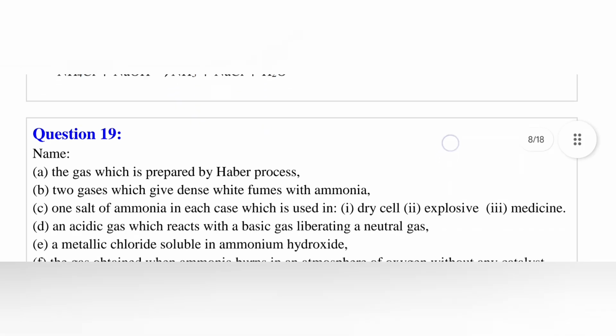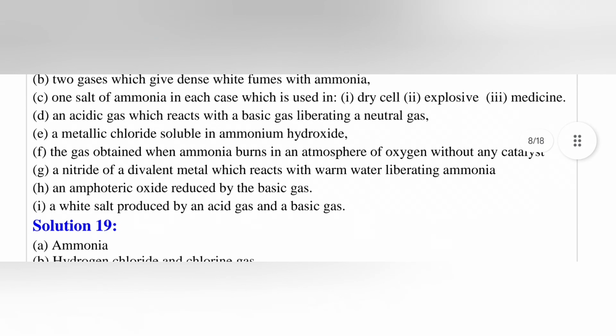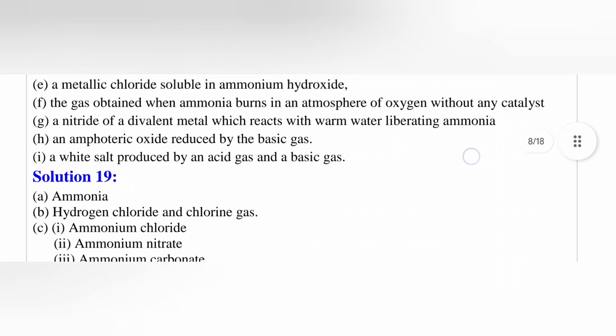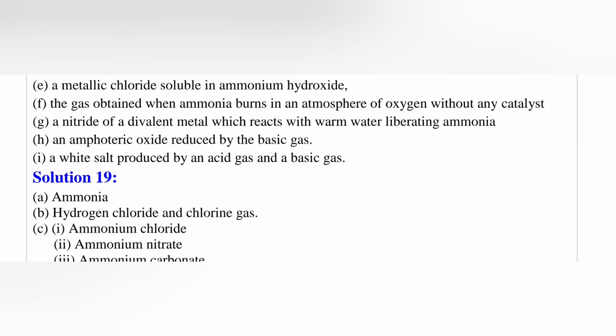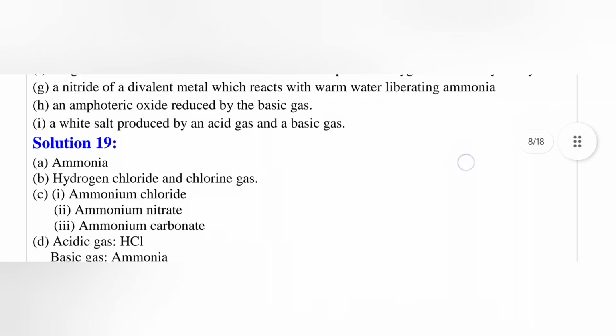Question number 19. Name the gas which is prepared by Haber's process. The gas is ammonia. Two gases which give dense white fumes: ammonia plus hydrogen chloride gas. Then the salts of ammonia: in a dry cell, ammonium chloride; as an explosive, ammonium nitrate; as a medicine, ammonium carbonate.